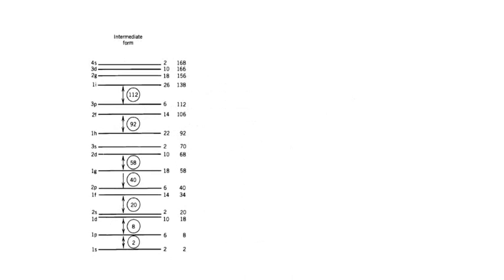We know that magic numbers or shell closures occur at 2, 8, 20, 28, 50, 82, and 126. These were assumed to be locations of shell closures from evidence obtained from various experiments.